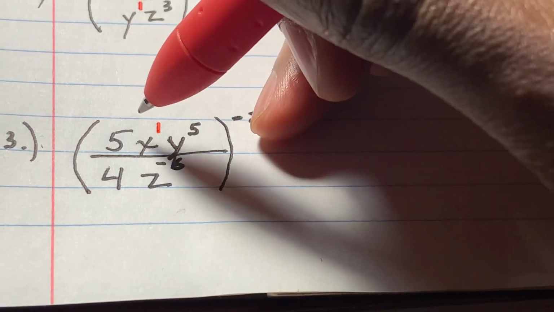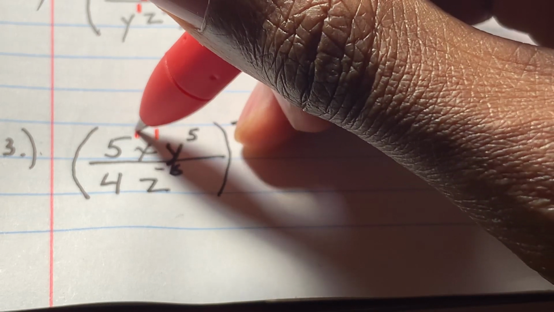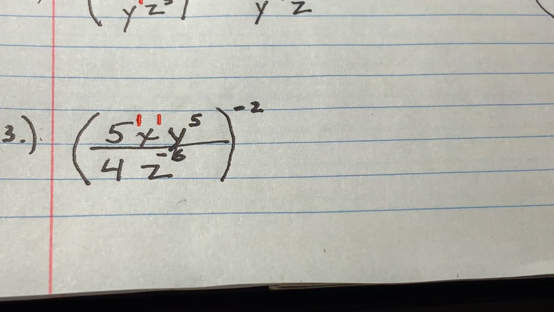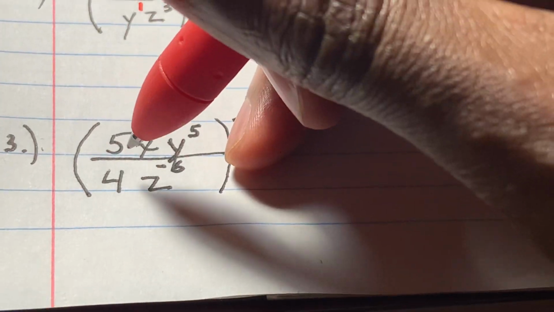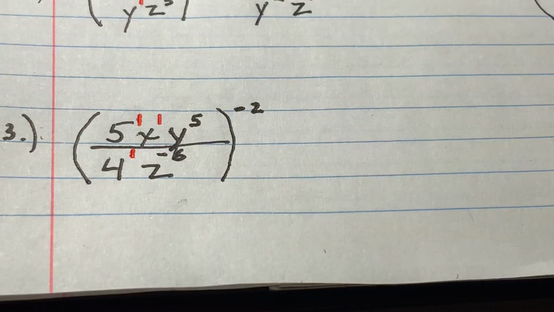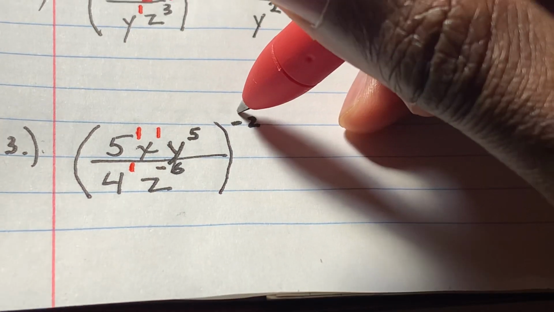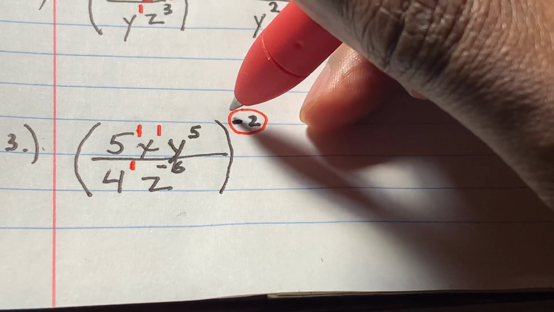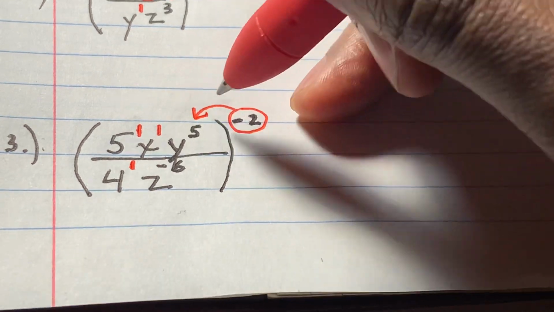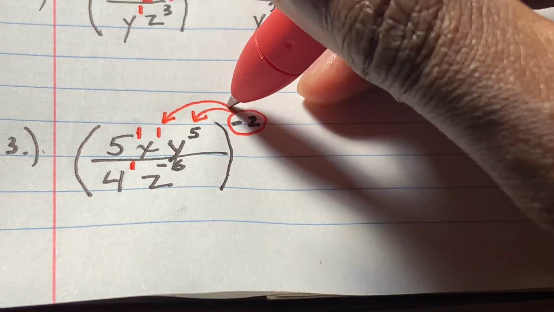Okay, someone just said, Mr. Barbier, 5 is a coefficient, but it's also a base. Therefore, it has an invisible 1 as an exponent. 4 is a coefficient, but it's also a base, so it's missing an invisible 1 exponent. Correct. Now we can distribute to all of the exponents.